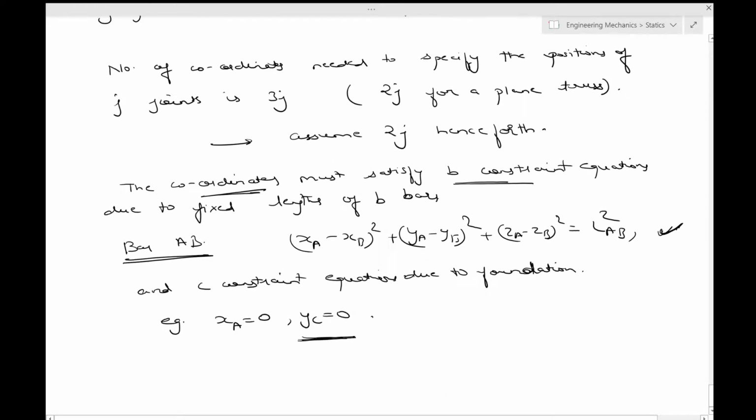Now let n be the degree of freedom of the truss.